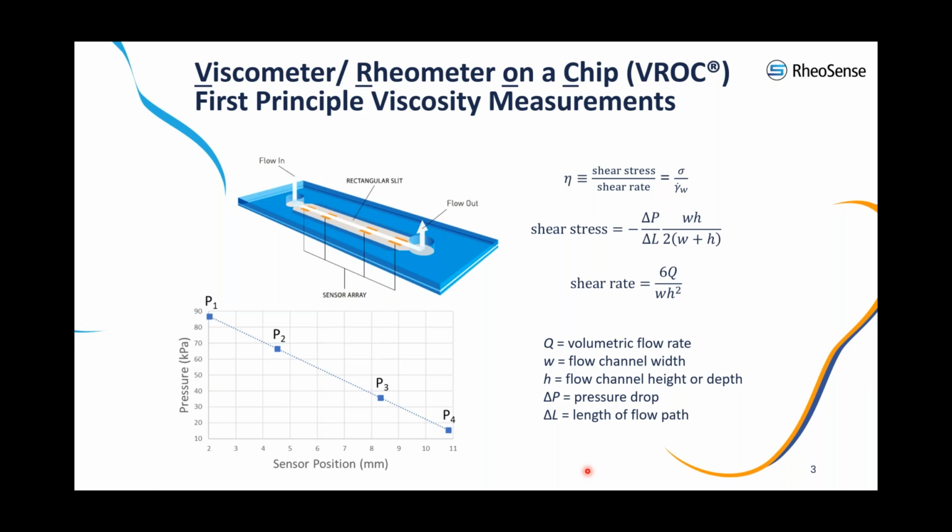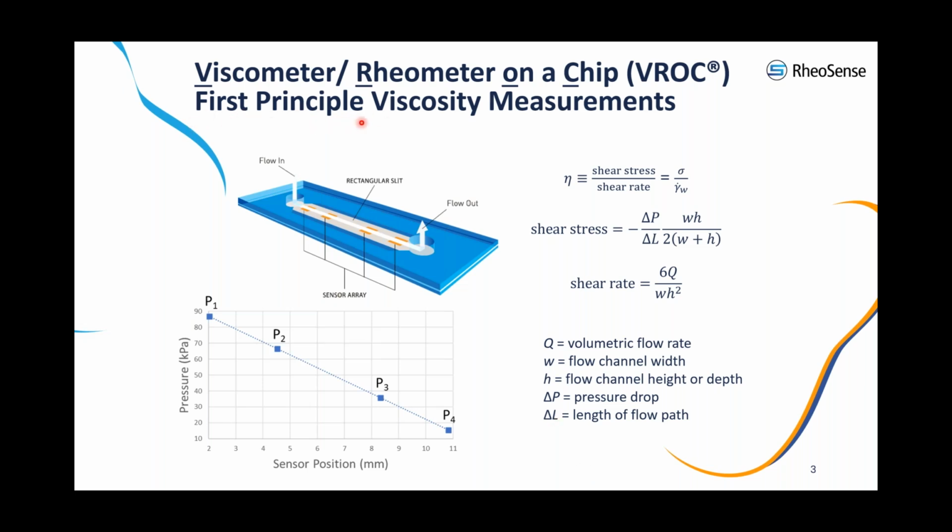The key benefit of the VROC is that the chips enable small sample viscosity measurements with a wide dynamic range when it comes to measurement parameters, but ultimately is one of the few methods on the market that provide first principle viscosity measurements. Why is this important?